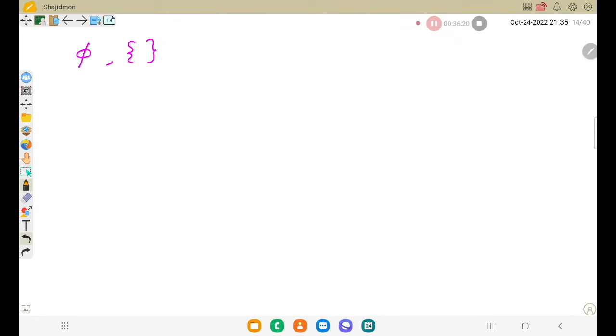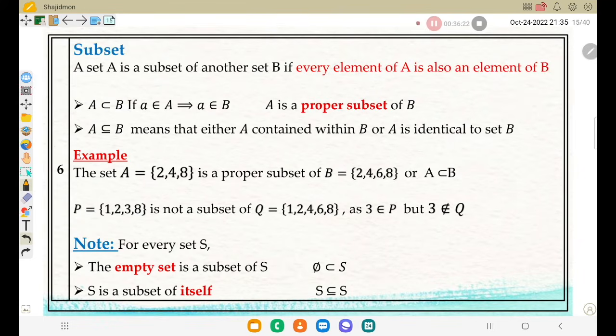Okay, now we are going to another definition, subset. What is the meaning of subset? A set A is a subset of another set B if every element of A is also an element of B. For example, you can see this set A = {2, 4, 8}. What are the numbers in set A? 2, 4 and 8.